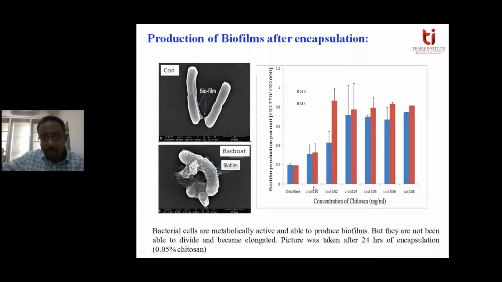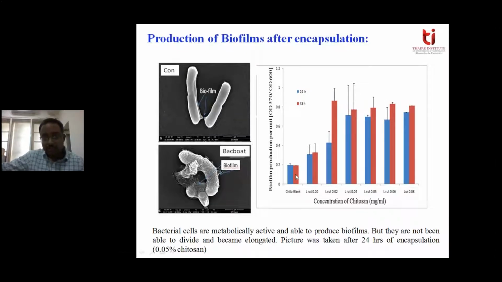If you put a lesser amount of chitosan, you see less production. This is the 24 and 48 hours data. But when you increase the chitosan concentration, this is at pH 7.4, you see a huge increase in biofilm production compared with control.